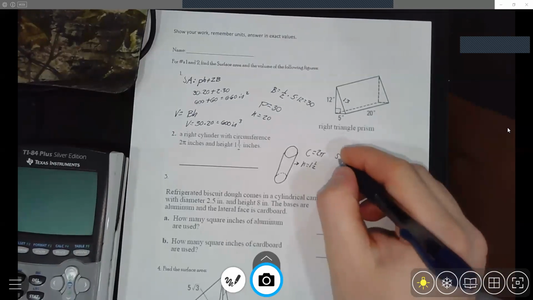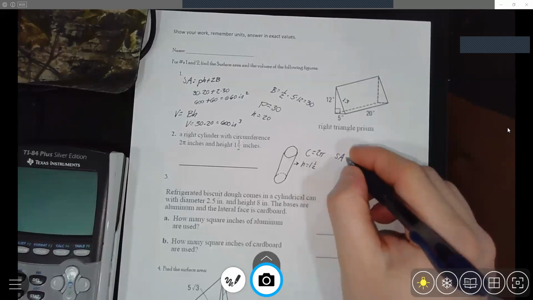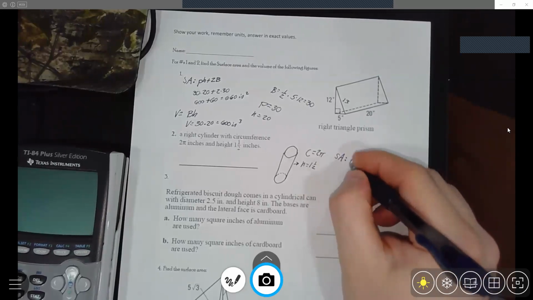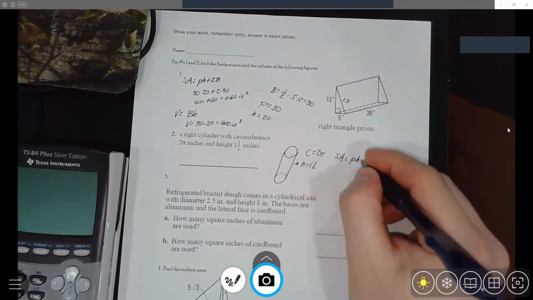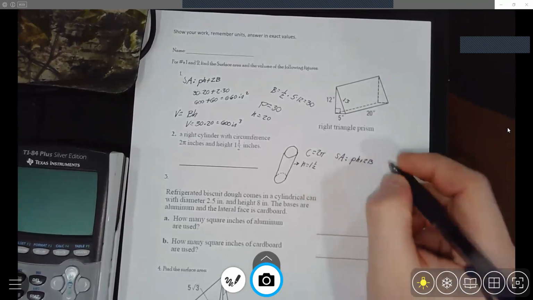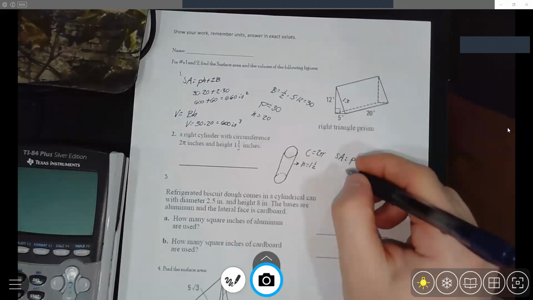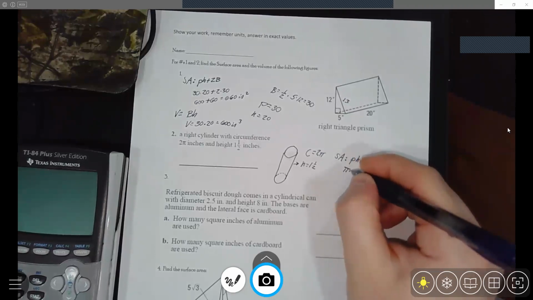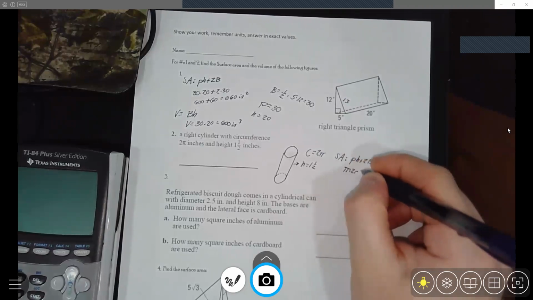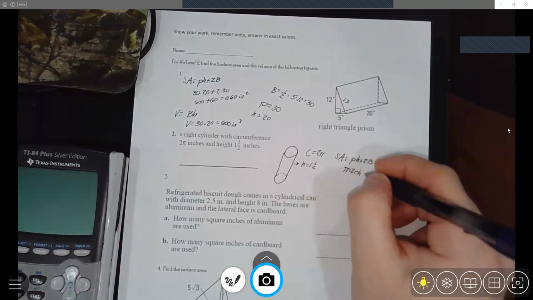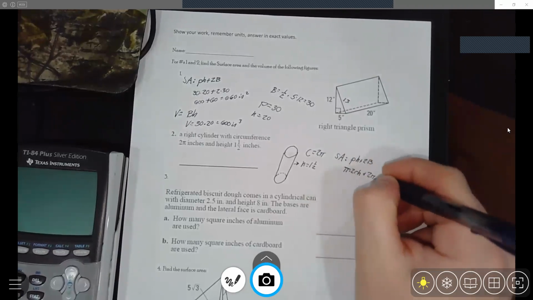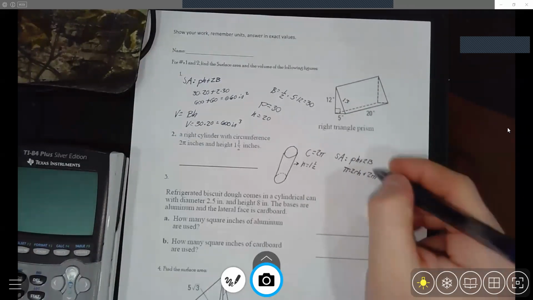So the surface area for a cylinder, again, it's the perimeter of the base times the height plus 2 times the area of the base. So in a cylinder, the perimeter of the base is pi times 2r. So you got pi 2rh plus 2 pi r squared. So area of the base is pi r squared.